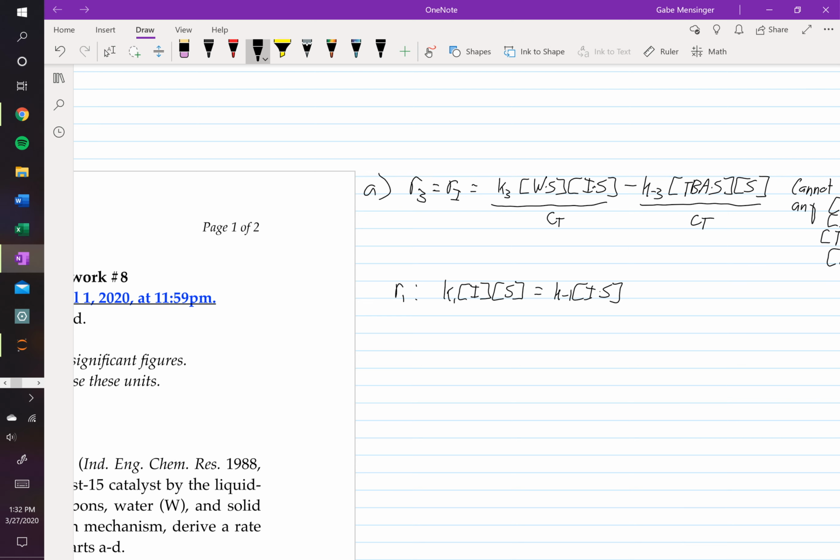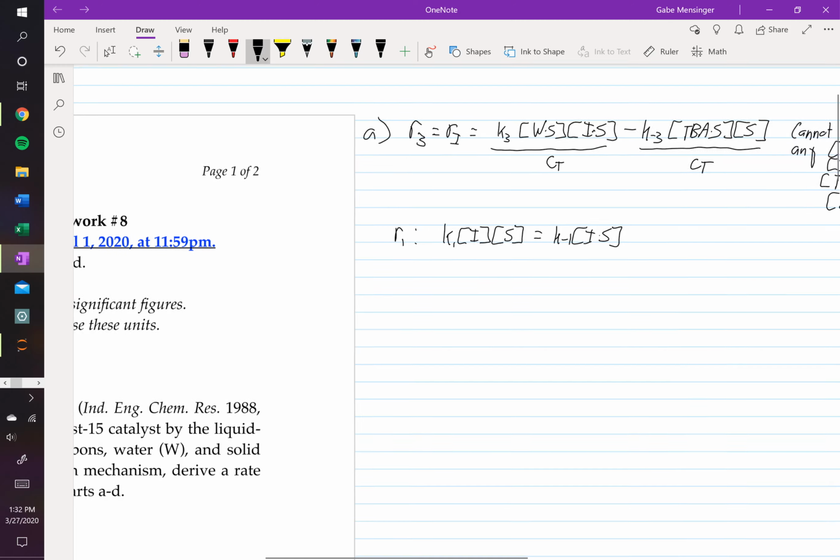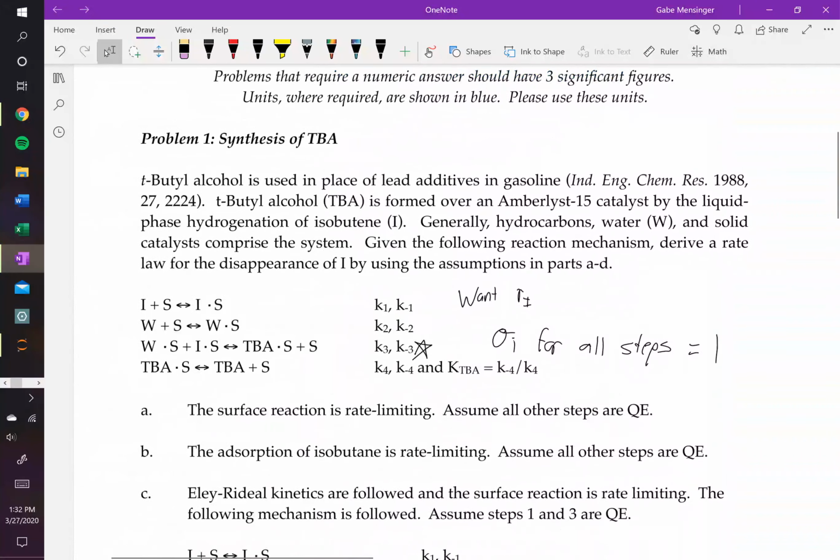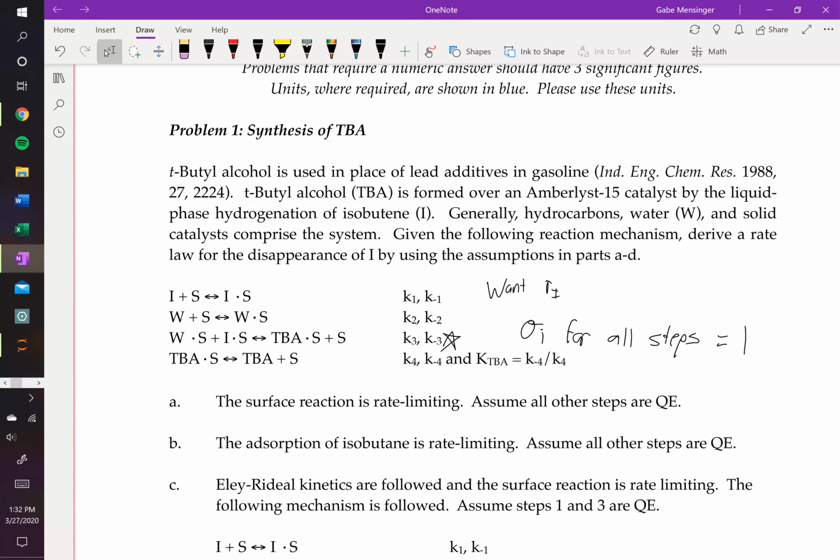Since we've said all sigmas are equal to 1, the overall reaction is I plus W goes to TBA.